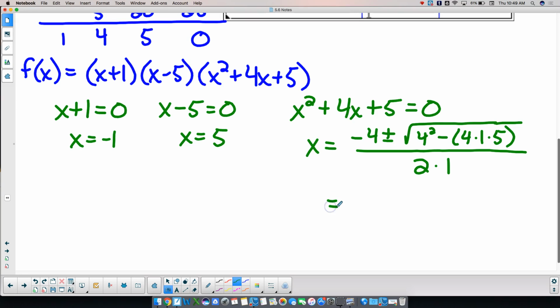So that is going to be negative 4 plus or minus 16 minus 20 is negative 4.